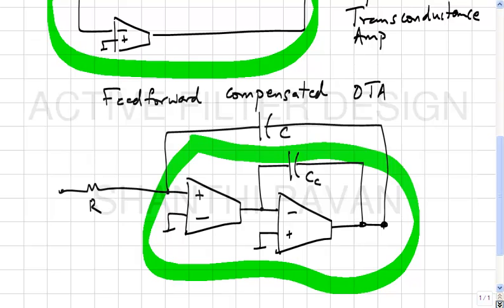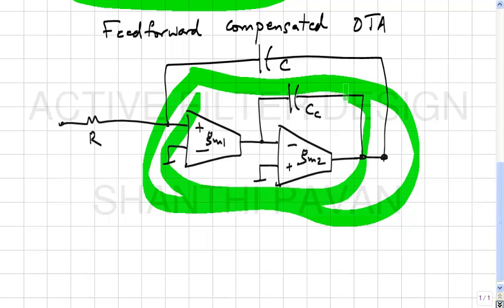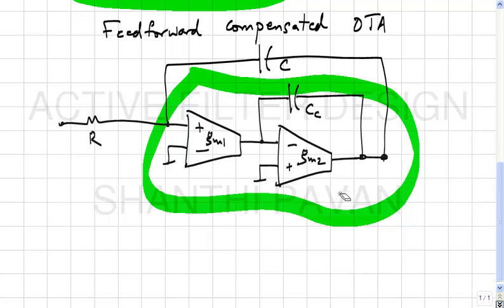Now, if GM2 is much larger than GM1, what is the approximate transfer function between input and output? It behaves like a first order system, right?